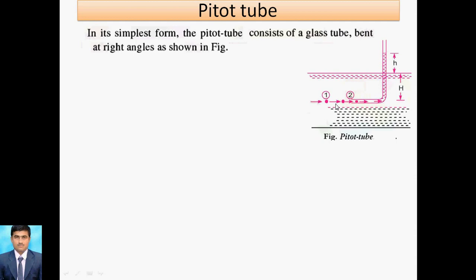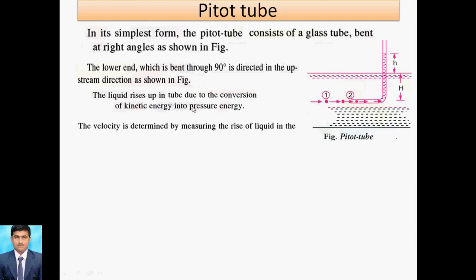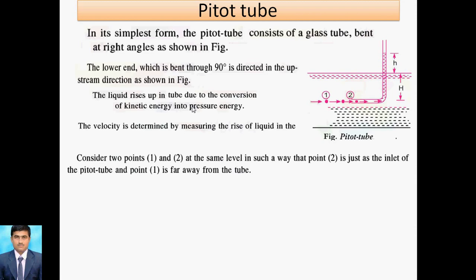First of all we apply Bernoulli's theorem for section 1. Here we implement the same relation, that kinetic energy is converted into pressure energy, so for measuring the velocity of flow we can use this. We consider point 1 and point 2, where point 1 is at the outside and point 2 is at the initial stage of the pitot tube.